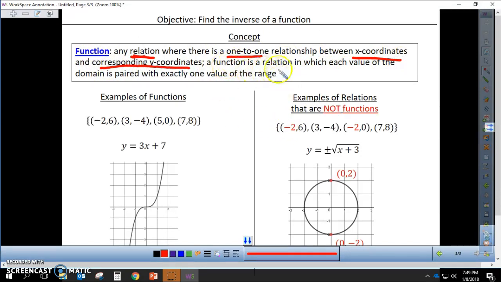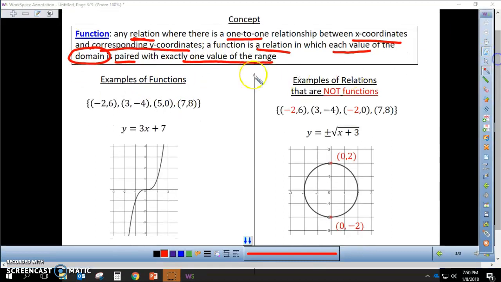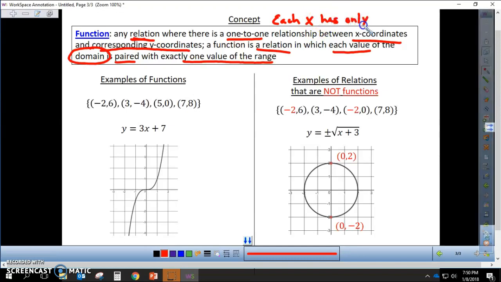A function is a relation in which each value of the domain is paired exactly with one value of the range. Okay, so each x has only one y value. That is the rule. Each x can have only one y value.